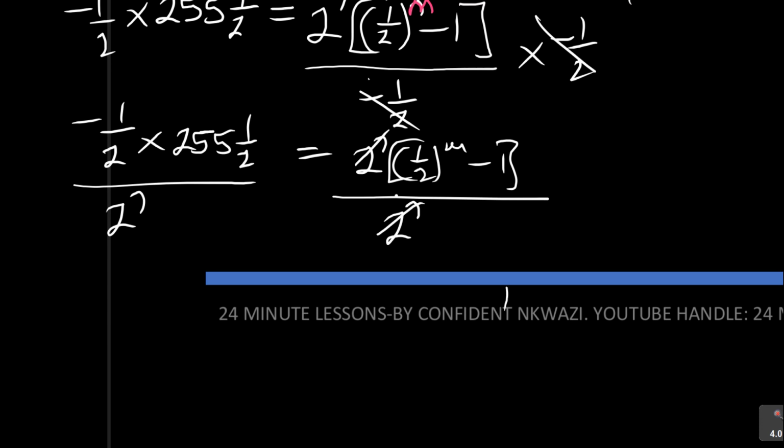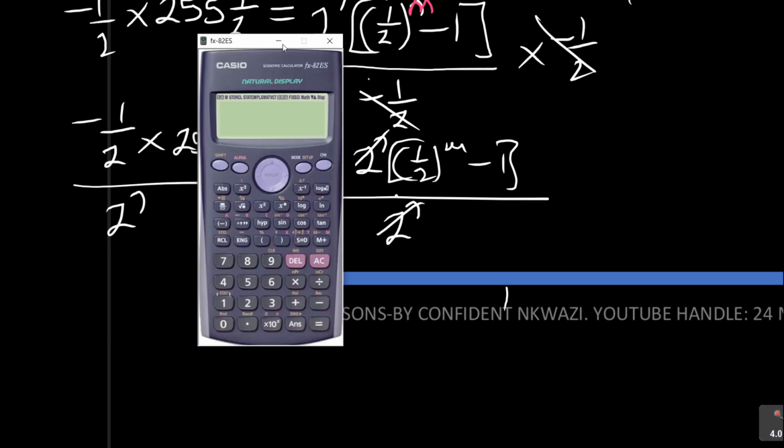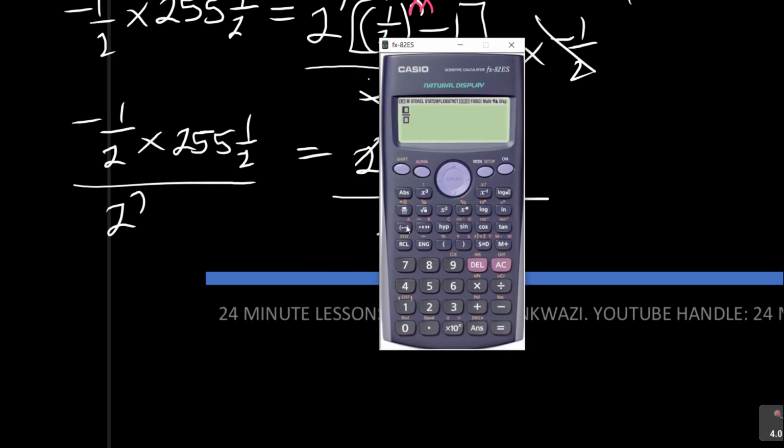What is it? Fraction negative 1 over 2, and then times. Look, don't say 255. I told you last time, some of you do this. They put fraction, then say 255, and then 1 over 2. That's wrong.